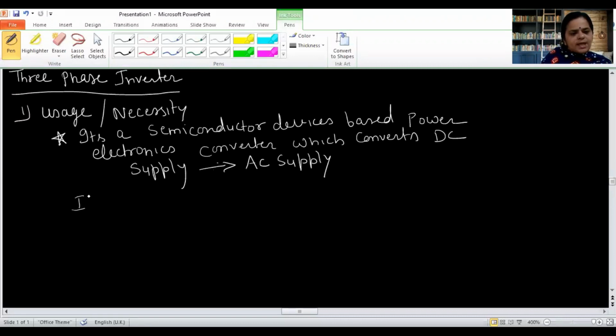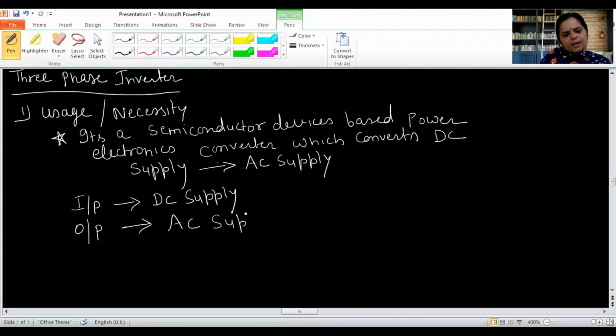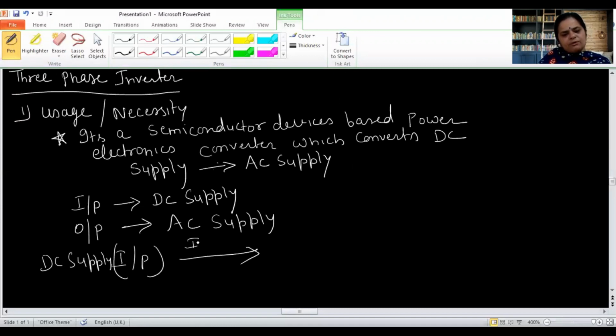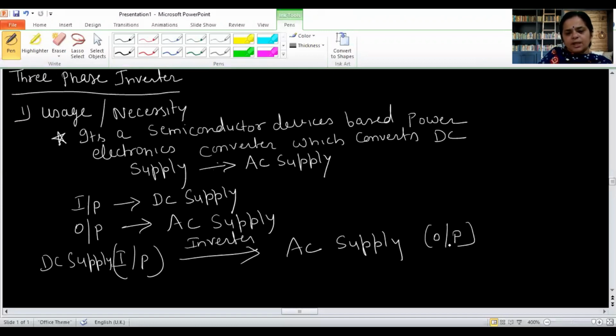That means in case of an inverter, the input will be DC supply and the output will be AC supply. In short, with the help of an inverter, we can convert the DC supply input into an AC supply, which will be the output of the inverter.